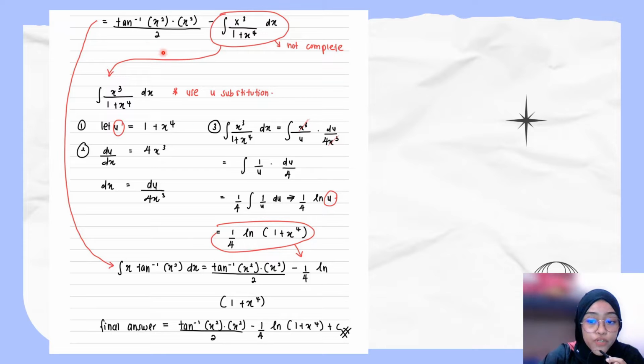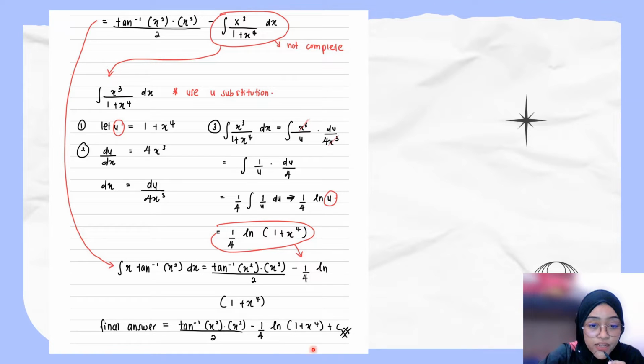We put it back into the integration by parts formula that we had before. The integral of x inverse tan x squared dx equals what we got before, inverse tan x squared times x squared over 2, minus the new result, 1 over 4 ln of 1 plus x to the power of 4.